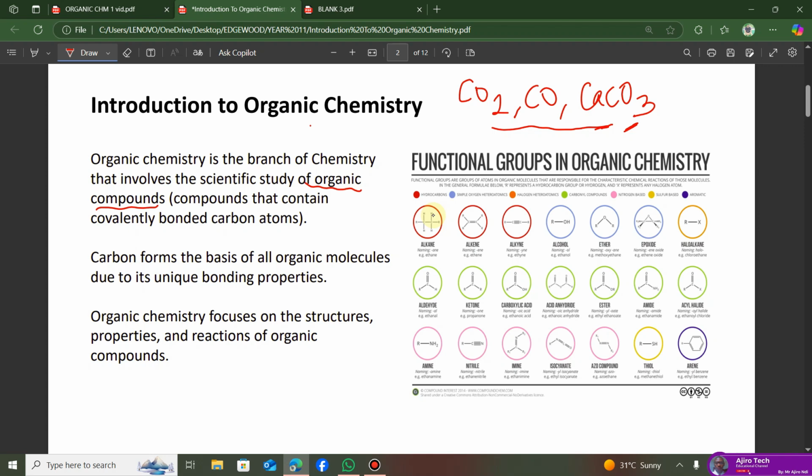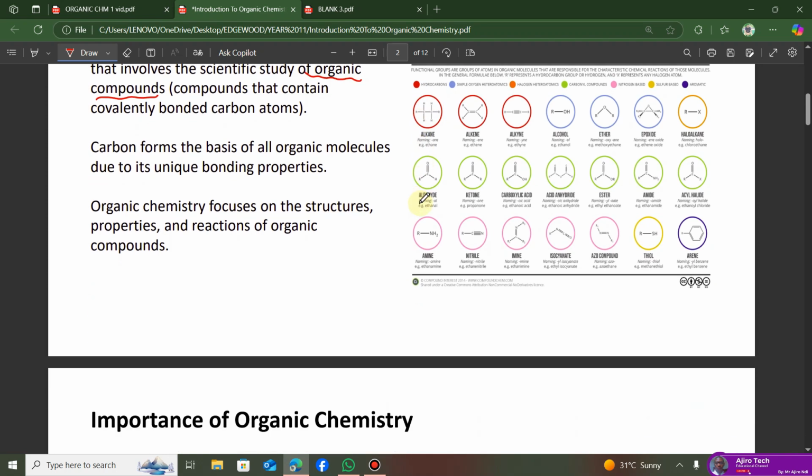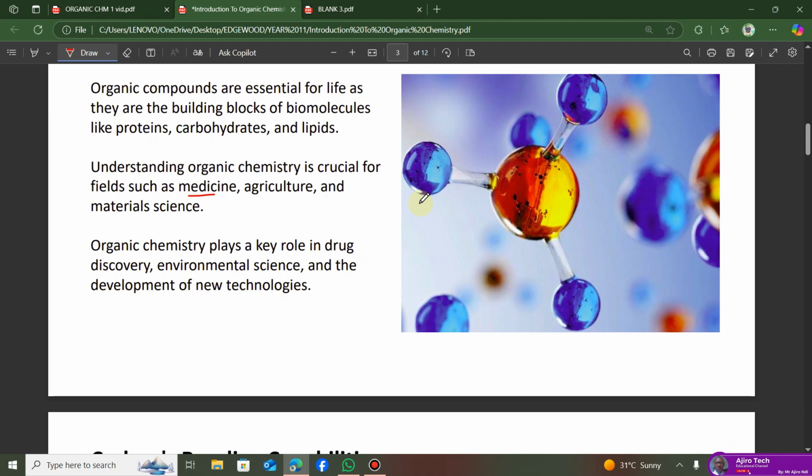Now that we understand what we're going to be looking at under organic chemistry, let's see why organic chemistry is important. Why do we have to study organic chemistry? Organic chemistry is important because the organic compounds we study are building blocks of many biomolecules that we know, such as proteins, carbohydrates, your DNA, and your lipids.